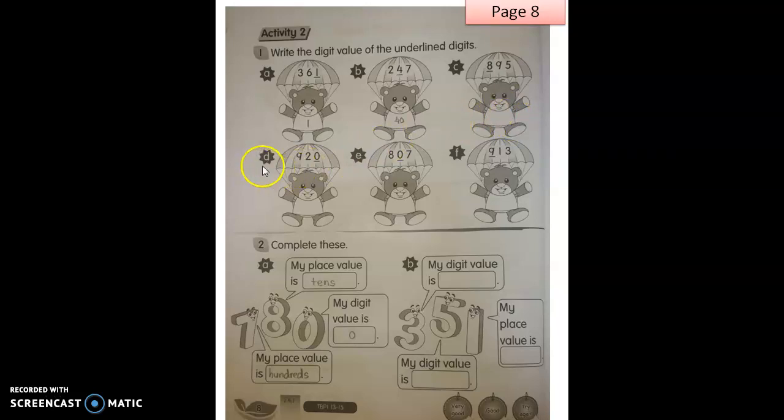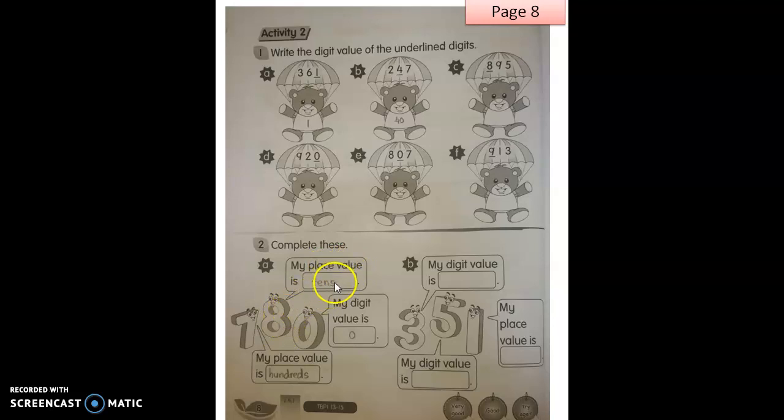Okay, now do D, E, and F. Look at number 2. Complete this. 180. My place value is number 8. Number 8, place value is 10.